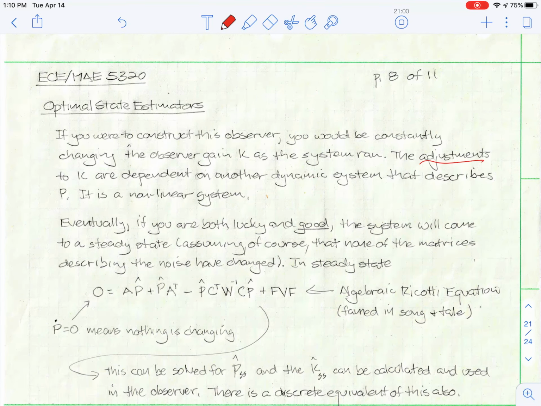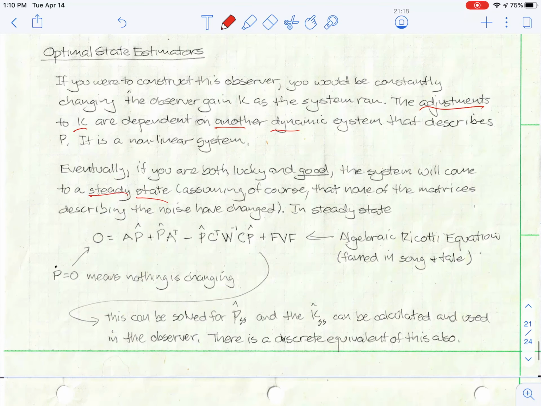Now, the adjustment of K is dependent on another dynamic system. And so the whole system that you end up with here is nonlinear. As I say, if you're both lucky and good, the system will come to a steady state, which you're hoping. And in the steady state, this is 0. This is called the algebraic Riccati equation.